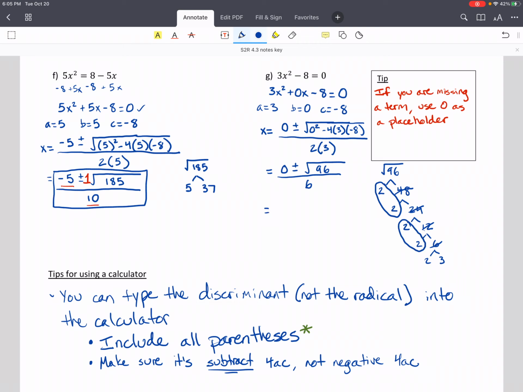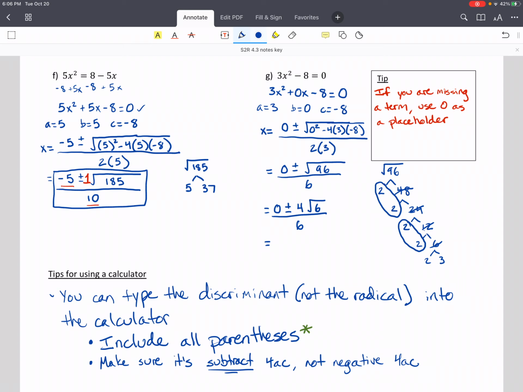So it looks like this is going to reduce to, remember, every circled pair, one of those numbers comes out. So it's 2 times another 2, which becomes 4. And then I'm going to multiply that 2 root 3 on the inside. And then it's a 6 in the denominator.